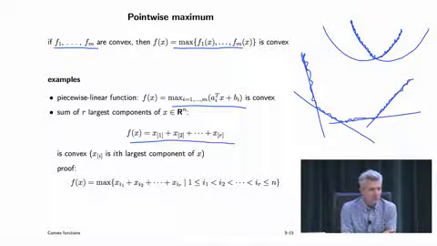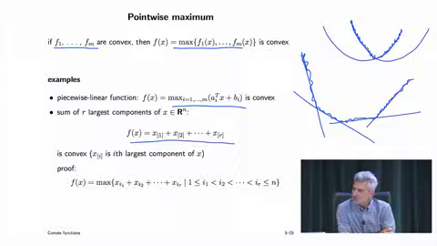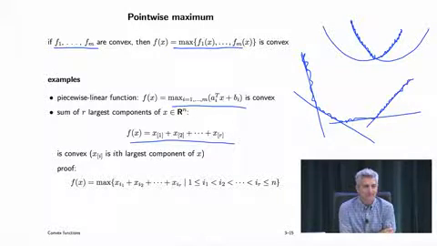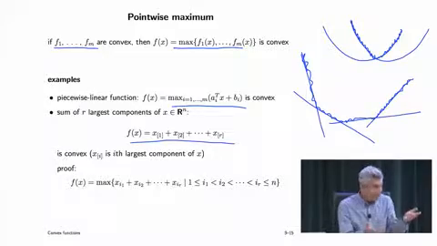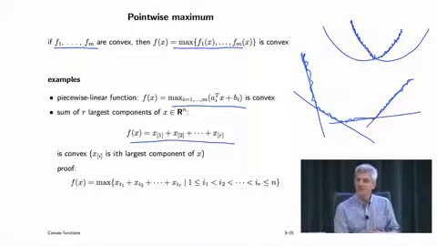So what's the gradient of the function which is the sum of the 5 largest entries in a vector? Wherever there's a gap between the 5th and 6th element in the vector, that function is actually just affine. And what is the gradient there?